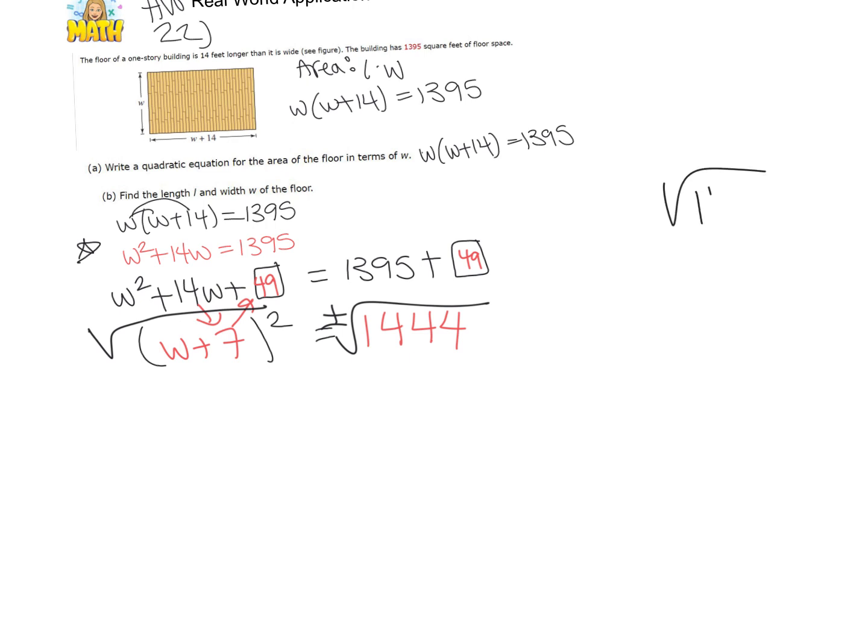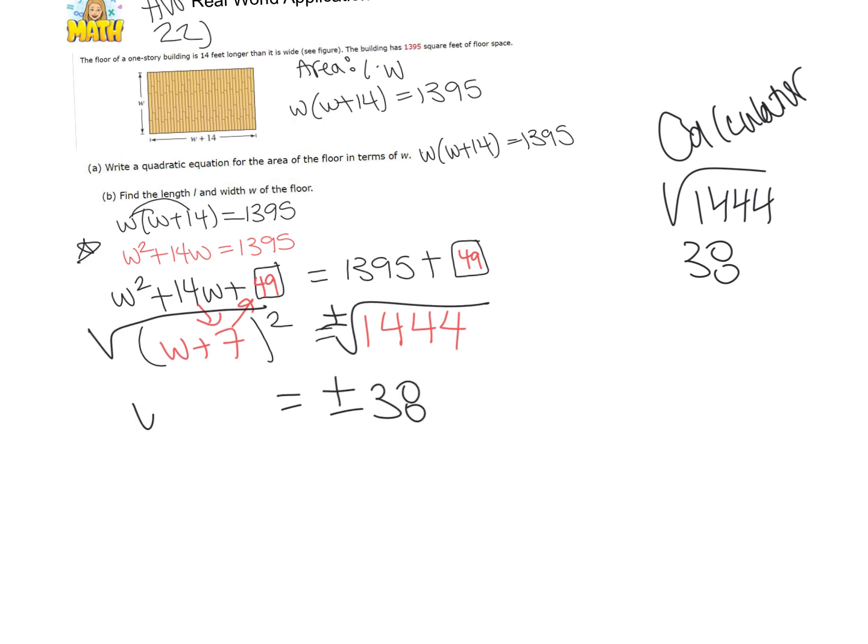When I take the square root of 1,444, I'm going to use a calculator for that, okay? If you take the square root of that, you should get a perfect square. You should get 38, which is real nice. So I get plus or minus 38 is equal to W plus 7.